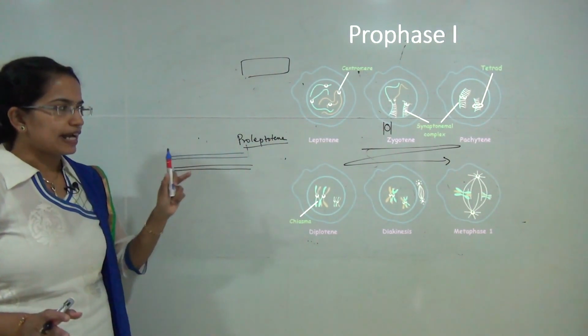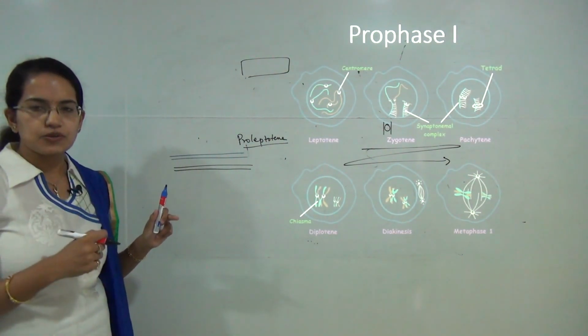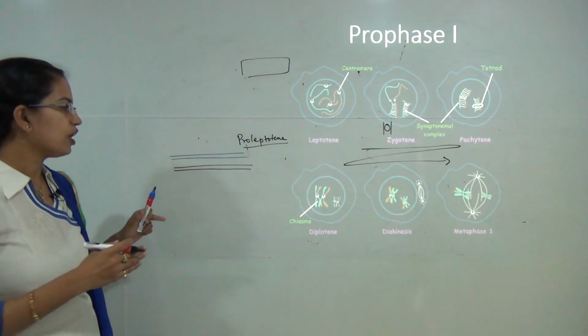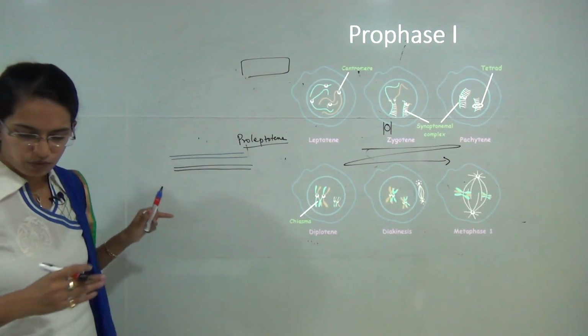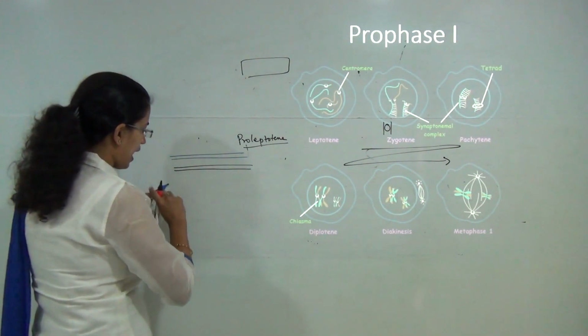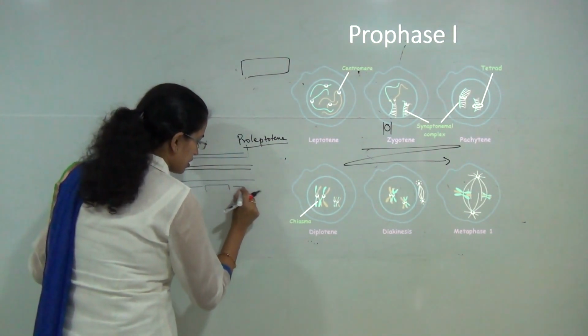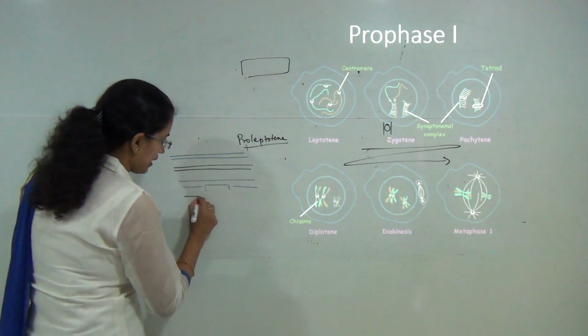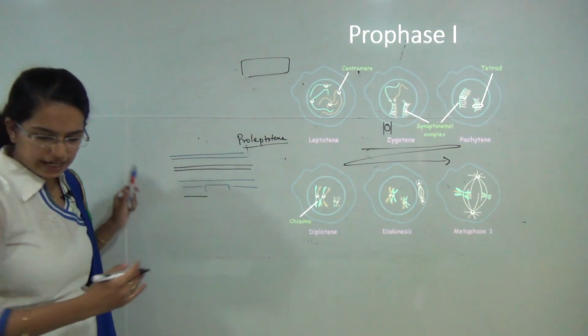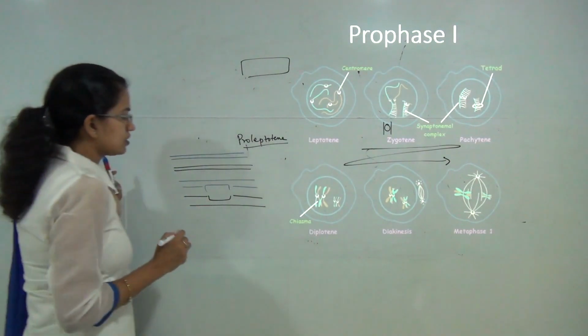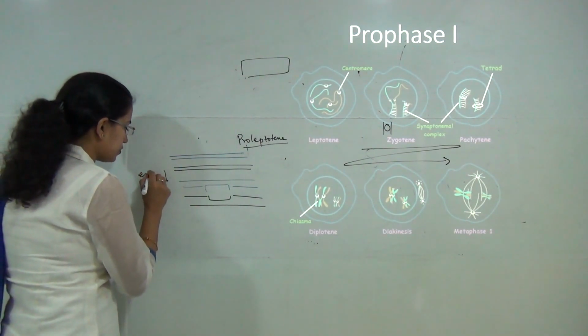Under pachytene, the endonuclease would act and create a breaking point in the chromosomes. The top chromosome would break apart, and again on the lower side another chromosome would break apart. That was under the action of endonuclease.